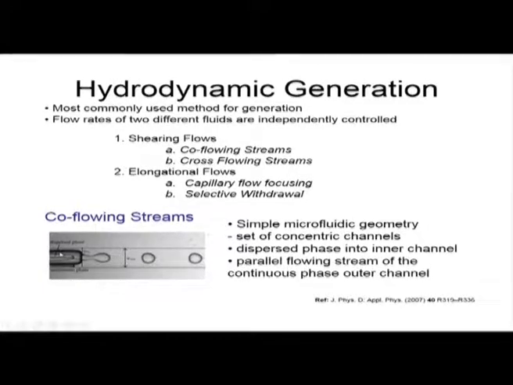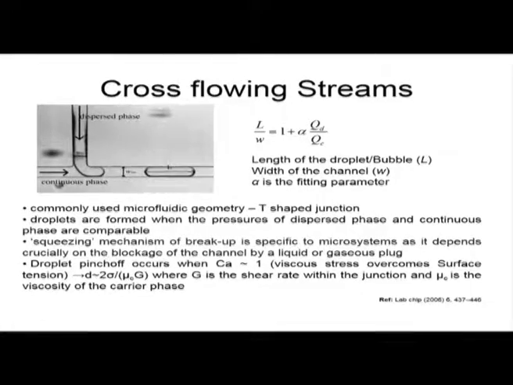Co-flowing streams, you see here that there is a dispersed phase and there is a continuous phase. Because of shear, when these phases interact, basically droplets are formed. This continuous and dispersed phase may also be flowing cross with each other. Earlier they were flowing in the same direction in the previous slide, now they flow in the cross direction.